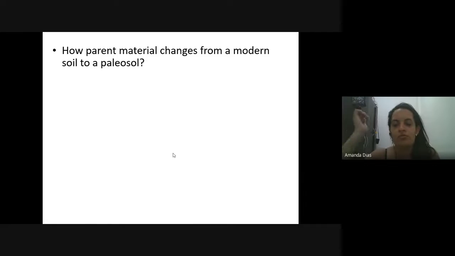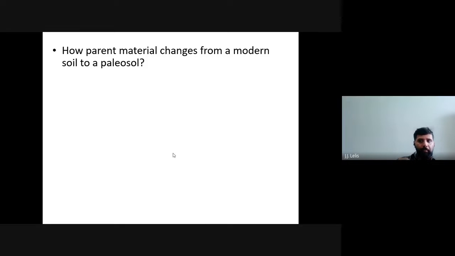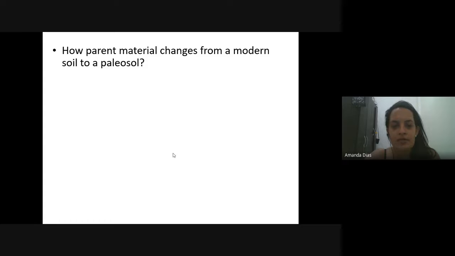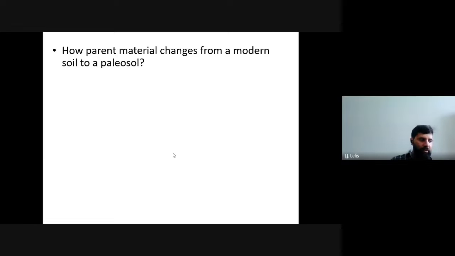No, the color of the soil is important to explain the difference between modern soil and paleosol. Also the climate can be the difference; the color between the modern soil and paleosol is explained by the difference in climate.